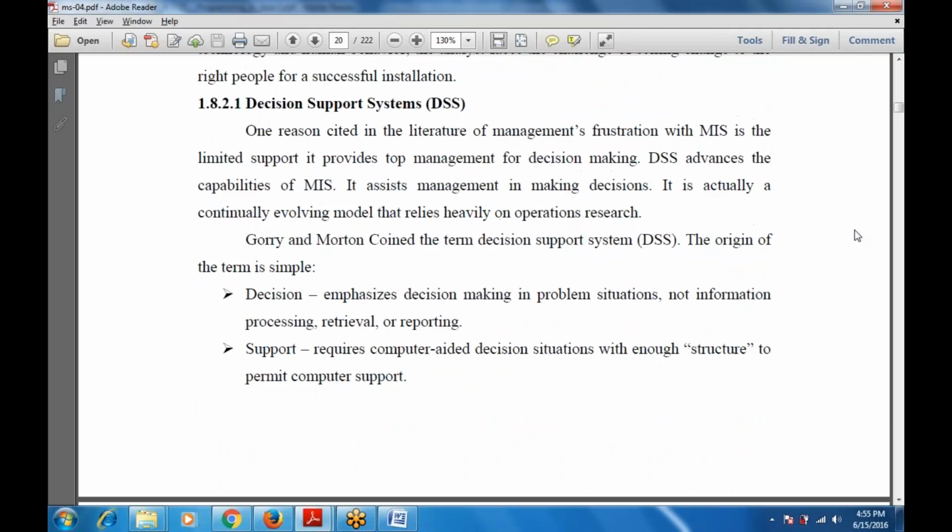Now, can anyone define the main difference between the DSS and the MIS? My question is, what is the main difference between the MIS and the DSS?